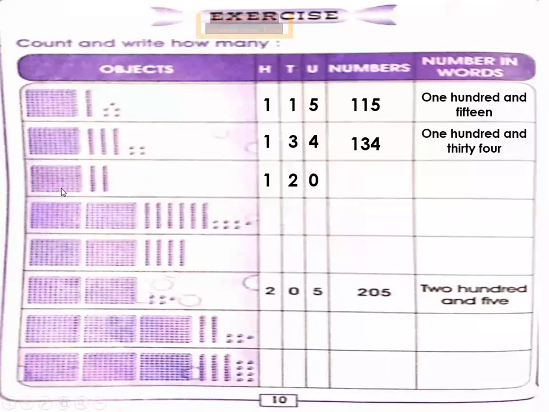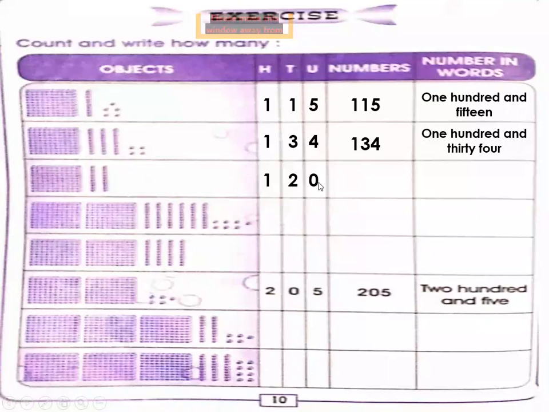See another example. How many blocks are shown in this one? There is only one 100 block, so we write 1 in the 100 column. How many blocks of tens are there? There are only two blocks of tens, so we write 2 in the tens column. And how many unit blocks? There are no unit blocks, so we write 0 in the unit column.